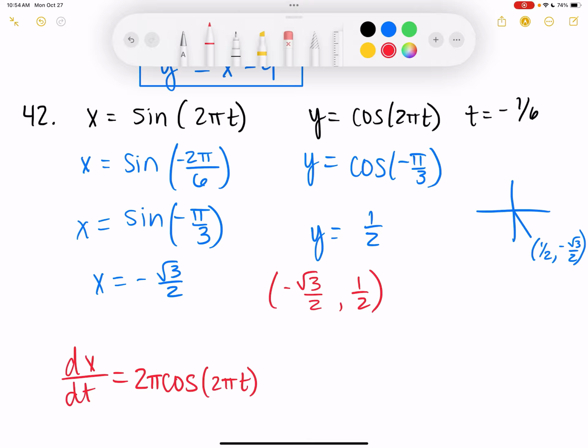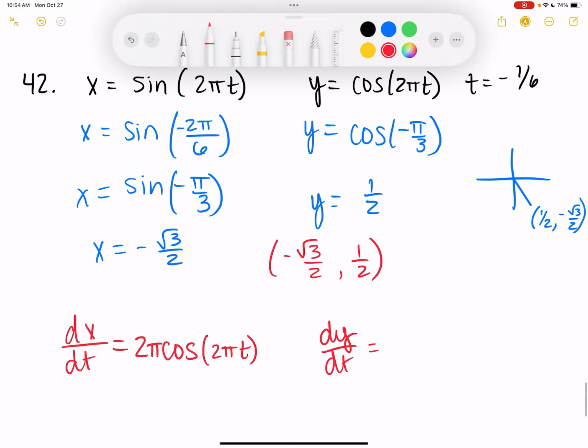And you can stick it at the end or in front. I usually like to stick the numbers in front, but it doesn't matter. And then how about dy dt? It would just be 2 pi times negative sine, or -2 pi. Yep, depending on what way you write it. So -2 pi times the sine of 2 pi t.